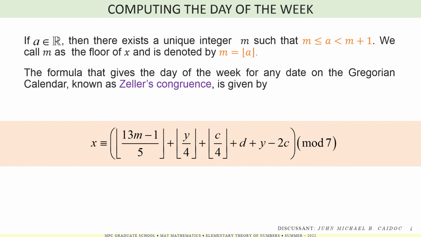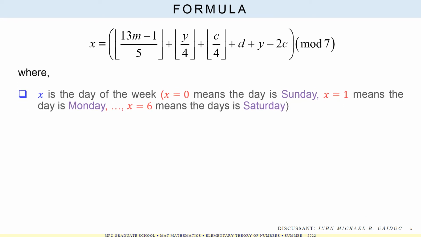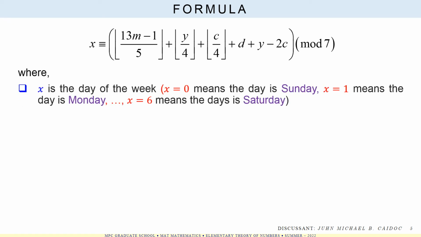The formula that gives the day of the week for any date on the Gregorian calendar, known as Zeller's congruence, is given by x is congruent to the floor value of (13m minus 1) over 5 plus the floor value of y over 4 plus the floor value of c over 4 plus d plus y minus 2c, modulo 7, where x is the day of the week.